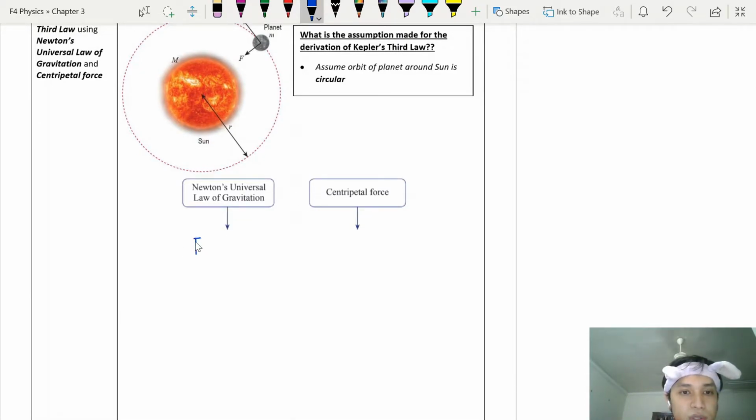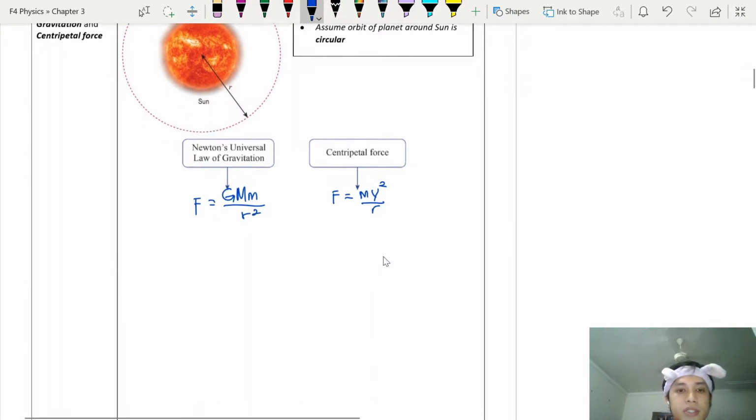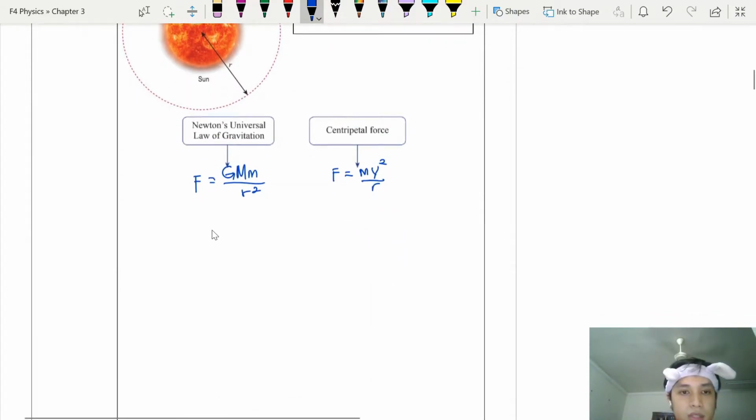So you know this one is GMm over r squared, the centripetal force. Basically we are going to take mv squared over r, since we are going to equate the two relationships.